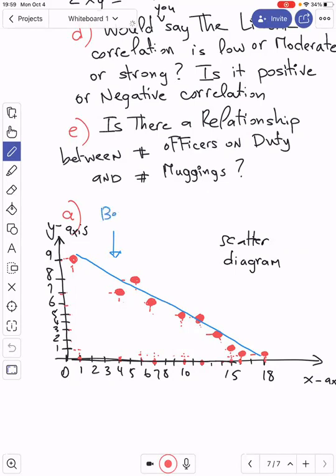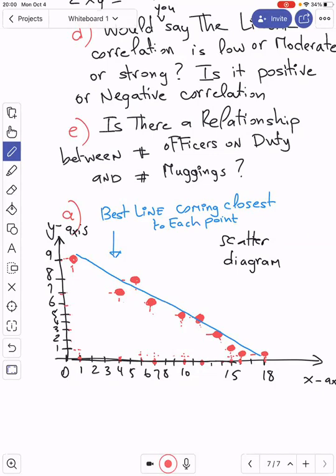So as you can see, guys, my data kind of resembles a line. If you connect these points, as you can see, it's kind of a straight line. It's not exactly a straight line, but it resembles a straight line, right?